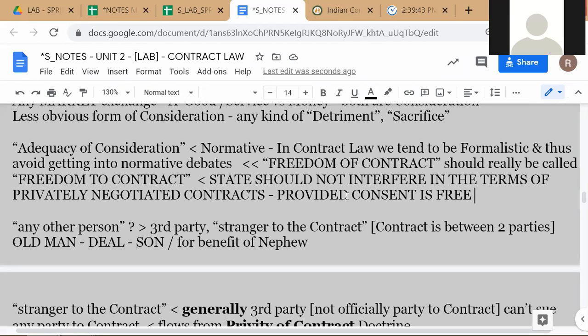It's vitiated by undue influence. So leaving aside those kinds of things, freedom of contract is basically where the state should not interfere.